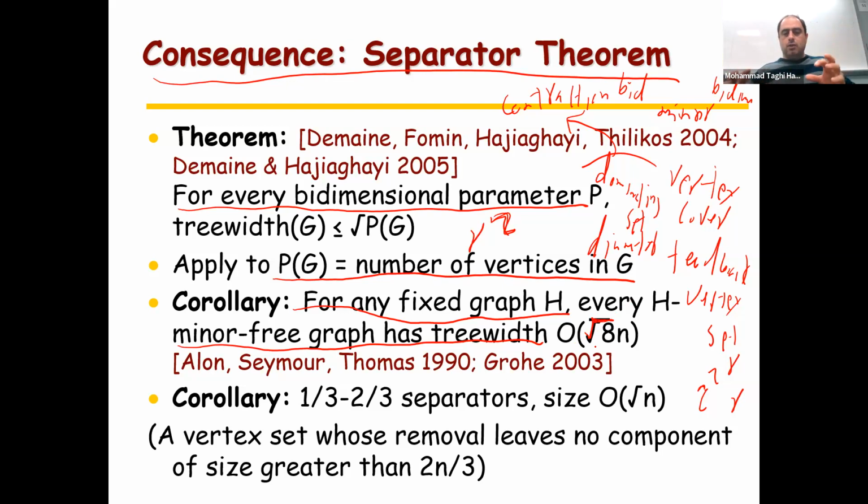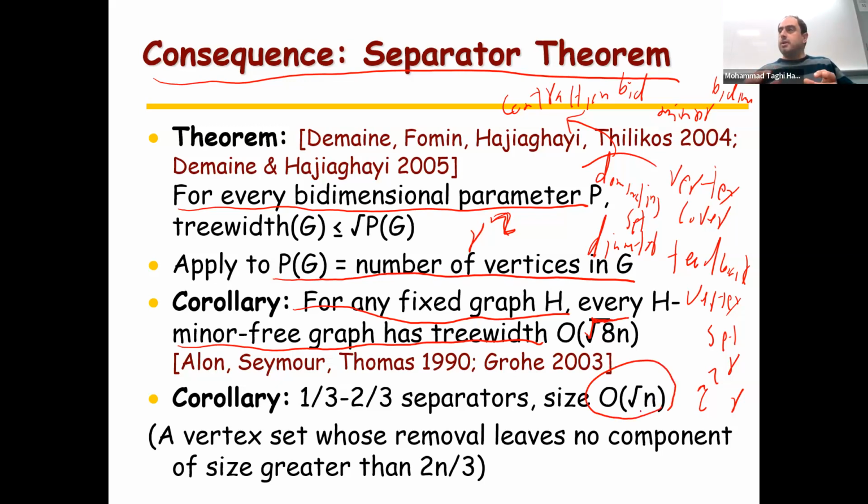So we know that for any H minor free graph, the Treewidth is at most square root of 8 times n, which is essentially order square root of n.